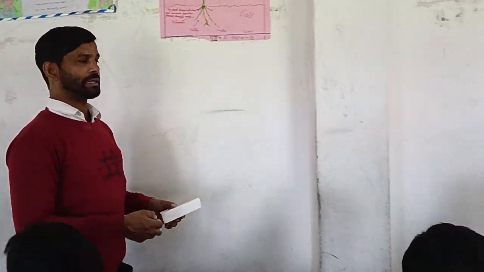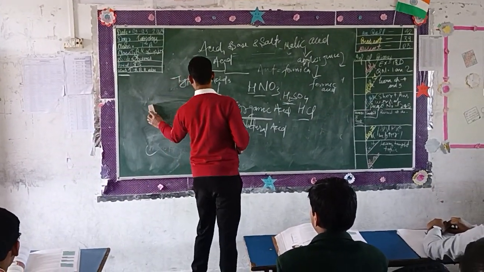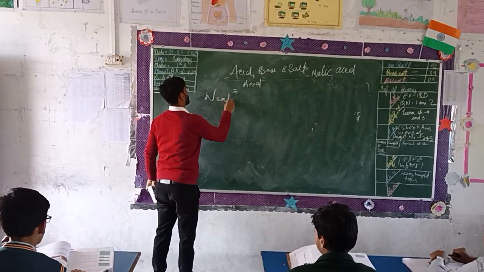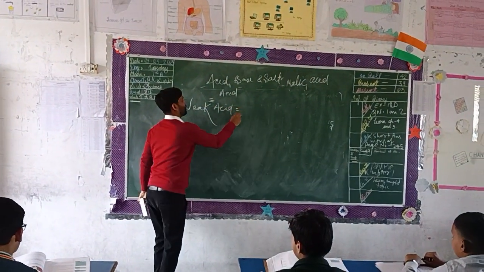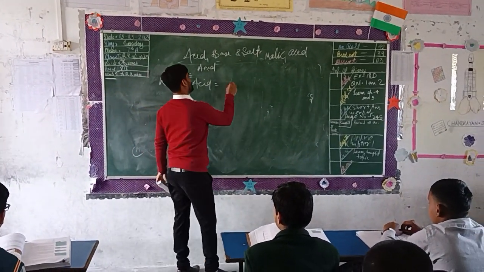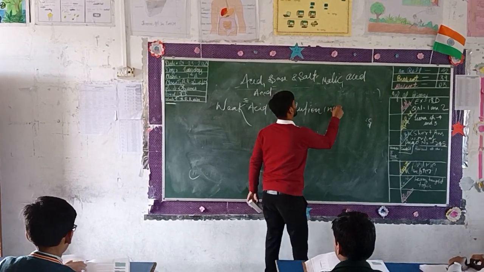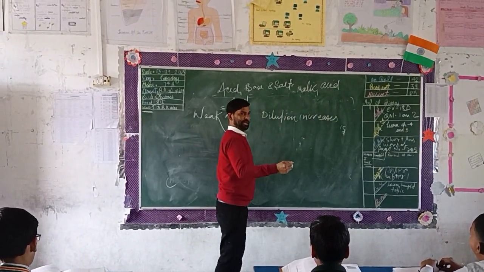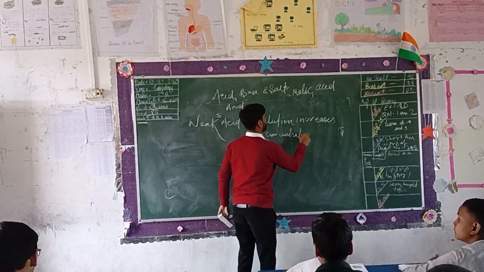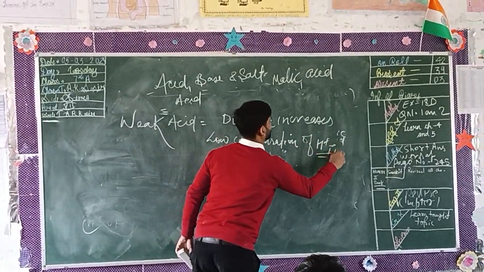So we have to discuss the strong acid as well as the weak acid. What is a weak acid? A weak acid is one in which dilution increases, or we can say there is a low concentration of hydrogen ions.